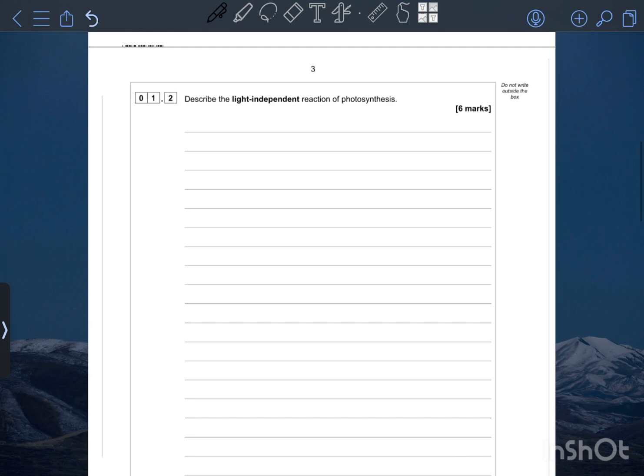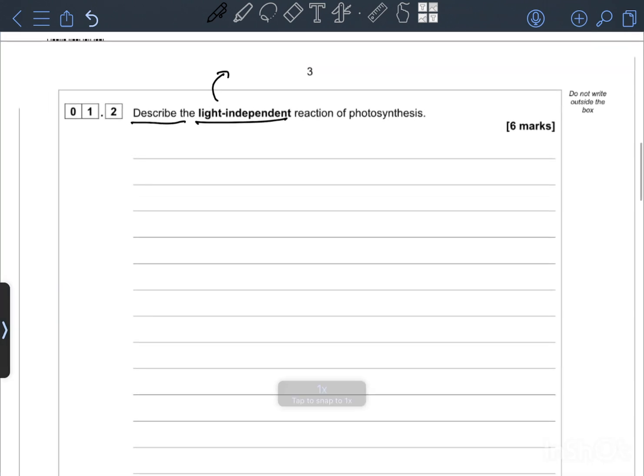Okay, so for the second question, we are asked to describe the light independent reaction of photosynthesis. Before we start anything, as a reminder to ourselves, what forms in the light dependent reaction will help us to understand what actually happens in the independent reaction.